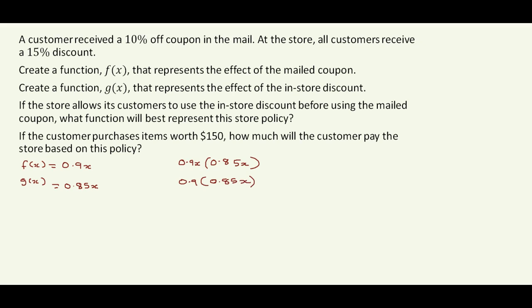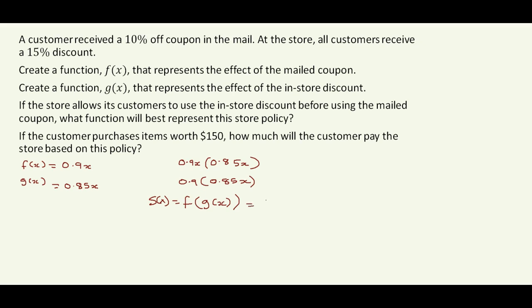Okay, so now we want to find out the function. So let's do that. 0.85x represents g of x. So we have g of x happens first, and then f of x happens thereafter. So let's call this S of x for the amount of money spent.